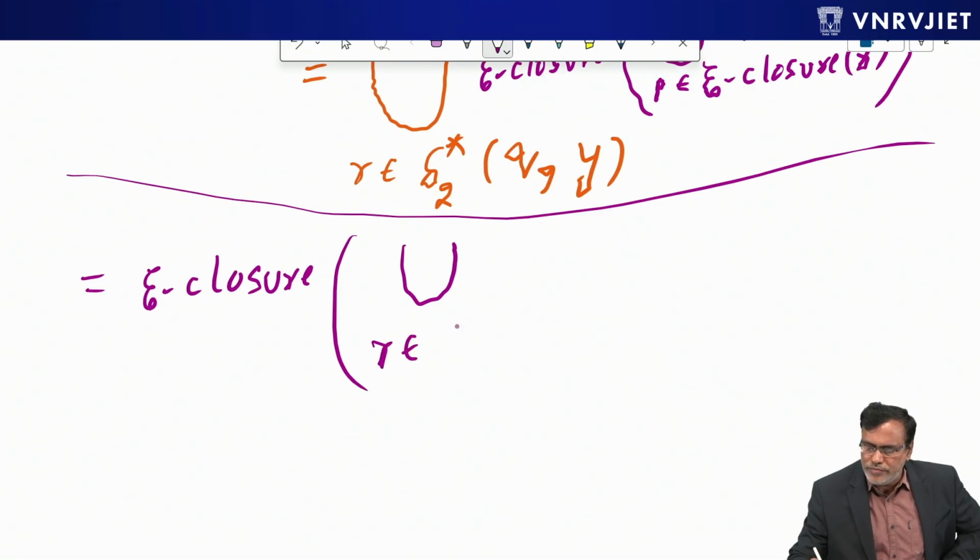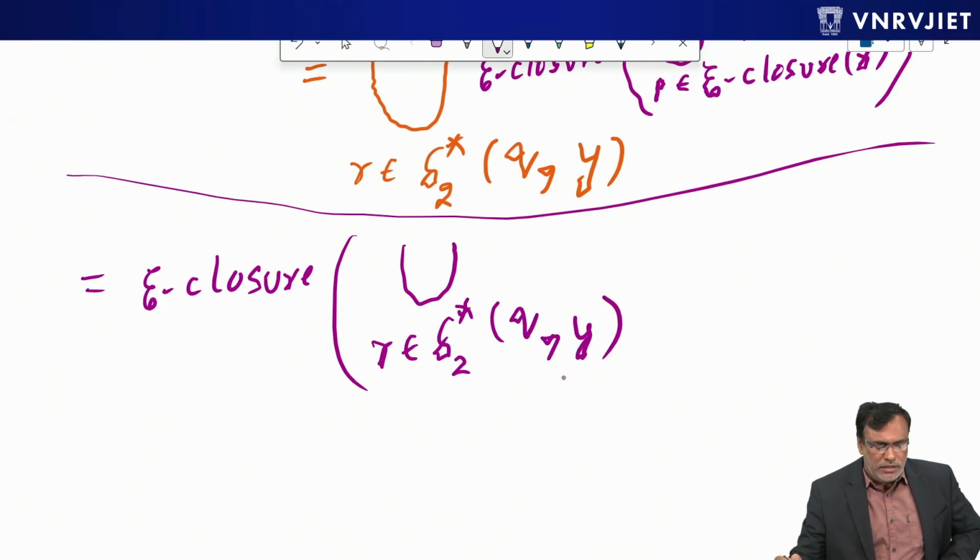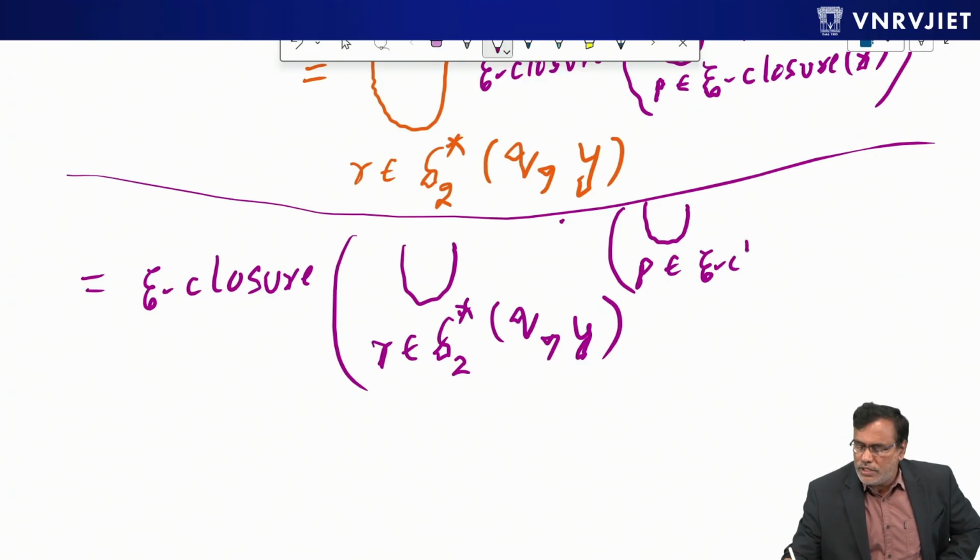R belongs to delta 2 star of QY, delta 2 star of QY, and that part as it is, that is union of P belongs to epsilon closure of R, delta 2 of PA.